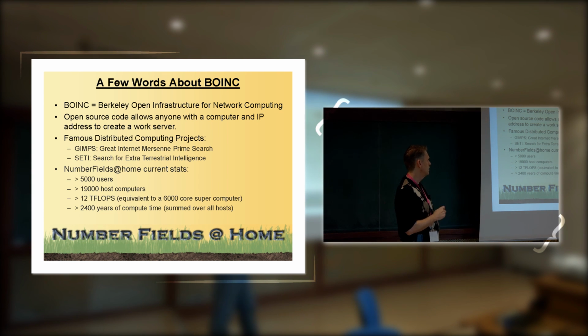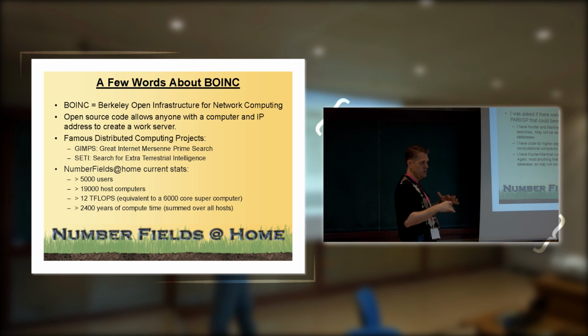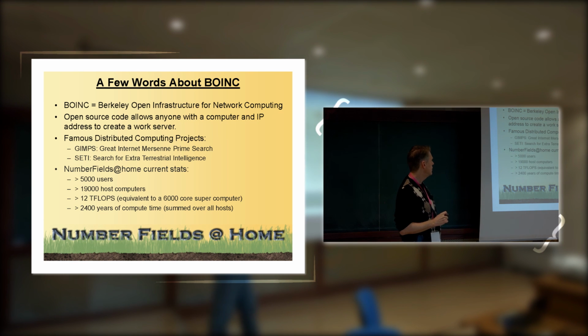Last night I checked, it was over 13. So the number of teraflops fluctuates with the users, right? Users log in, they'll log back out, so it fluctuates. But for a few months now, we've actually been over 12 teraflops, which is pretty good.